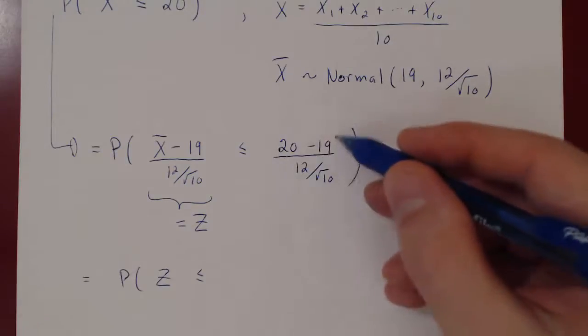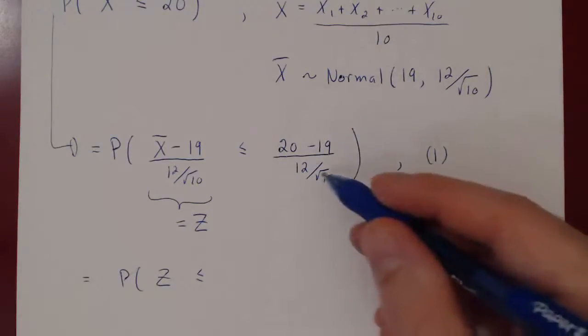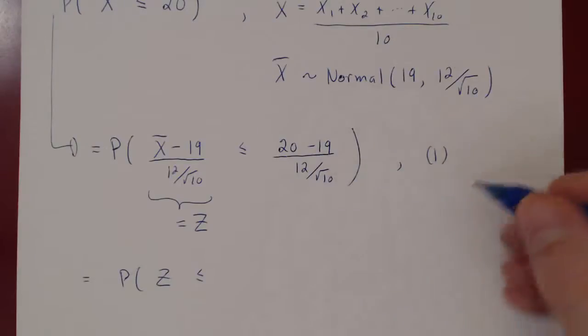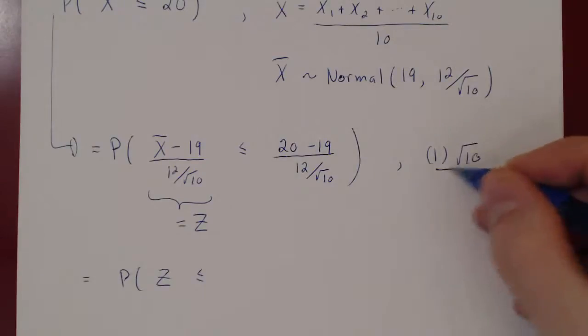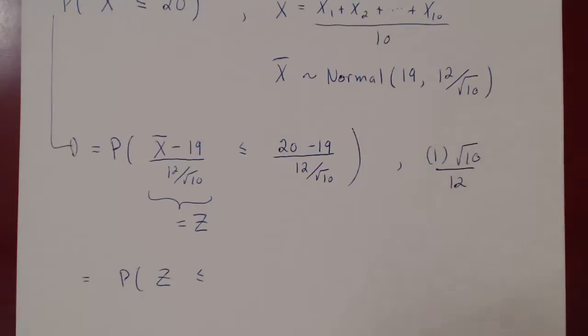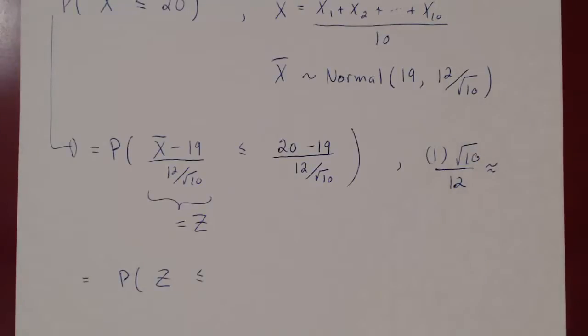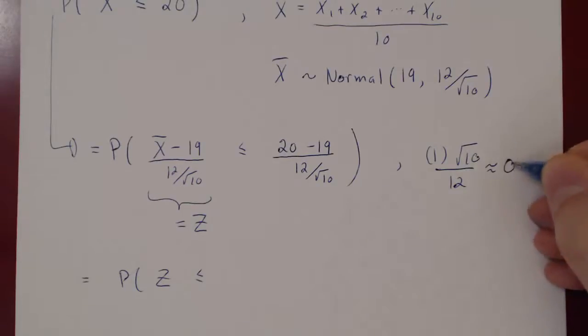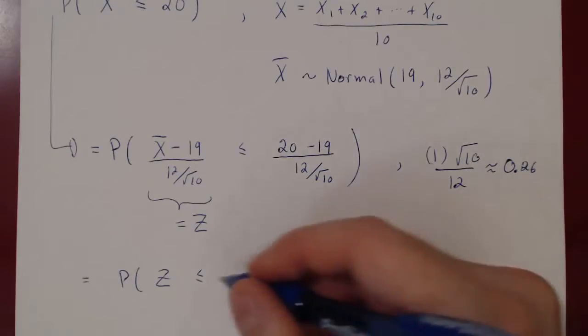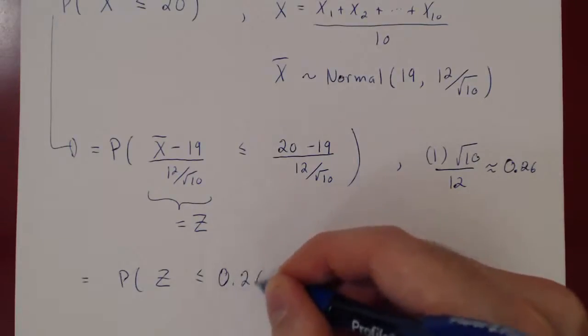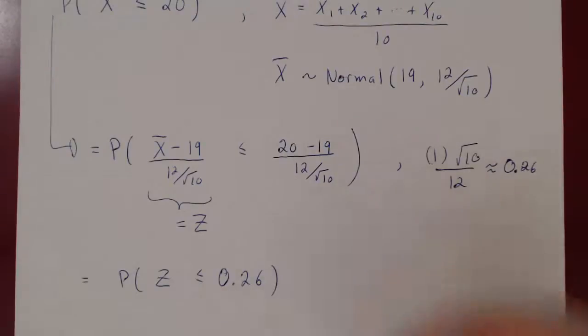So you multiply the numerator, which is 1, by the inverse of this fraction, which is root of 10 over 12. And remember that the table is only accurate to the second decimal place, so you can round this off to its second decimal place. So root of 10 divided by 12 gives you approximately 0.26. And now we're good to go.